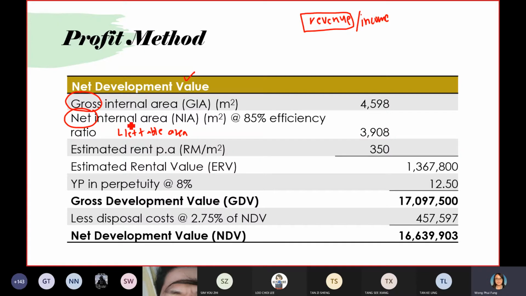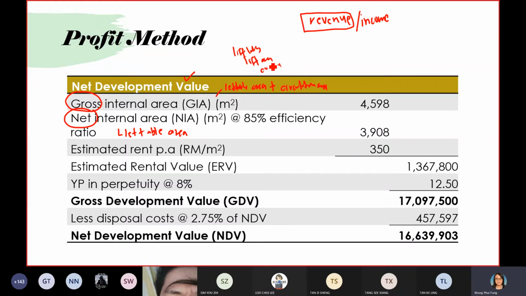Gross area is the area including your lettable area plus your circulation area. Still remember I said circulation area refers to the corridor, your common area, your lift, your staircase. Ancillary area refers to M&E services room, plant room. So all these, lift lobby, lift area, corridor, common area, can they bring income to you or not?